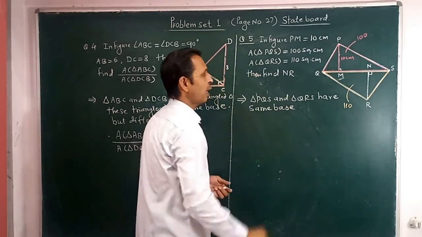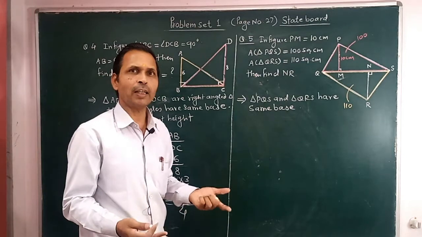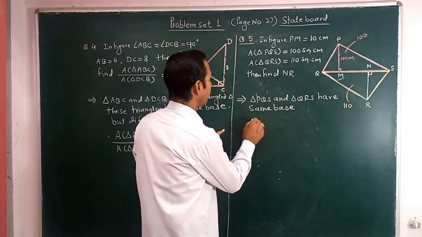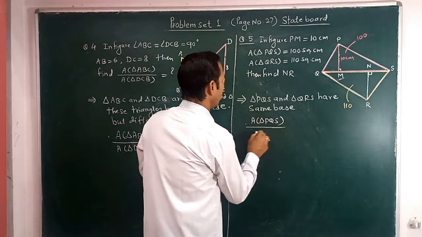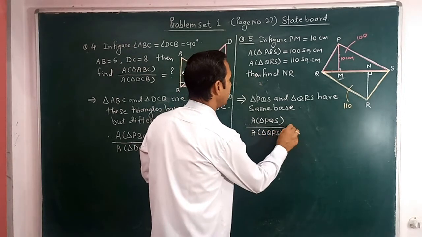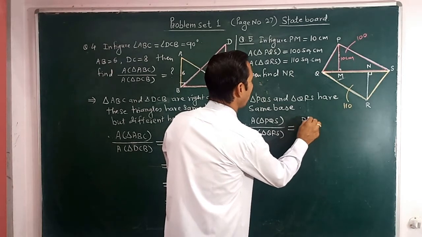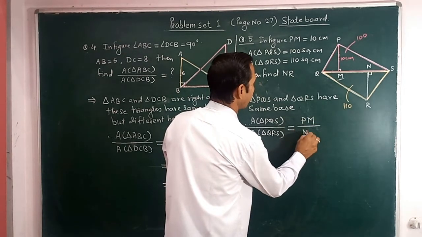Then the areas of these two triangles are proportional to their heights. So write area of triangle PQS divided by area of triangle QRS is equal to the height of PQS, PM, divided by NR.